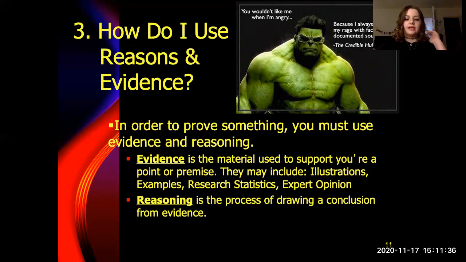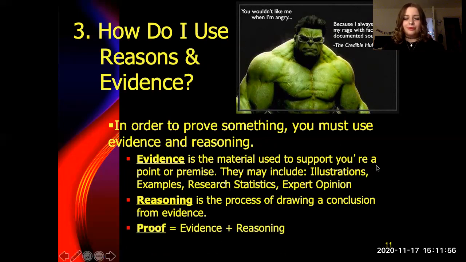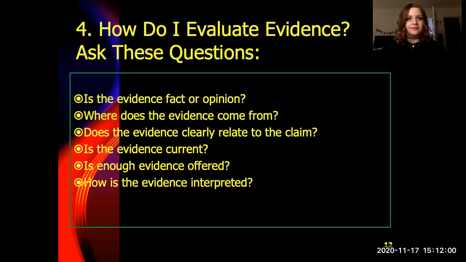And essentially, this could be going back to, like I said, according to Texas State, there are over 40,000 students, but there's only 5,000 parking spots. And that evidence will help the audience reason that, oh, yeah, there definitely is a parking issue at Texas State, which builds proof, which is the combination of evidence and reasoning.